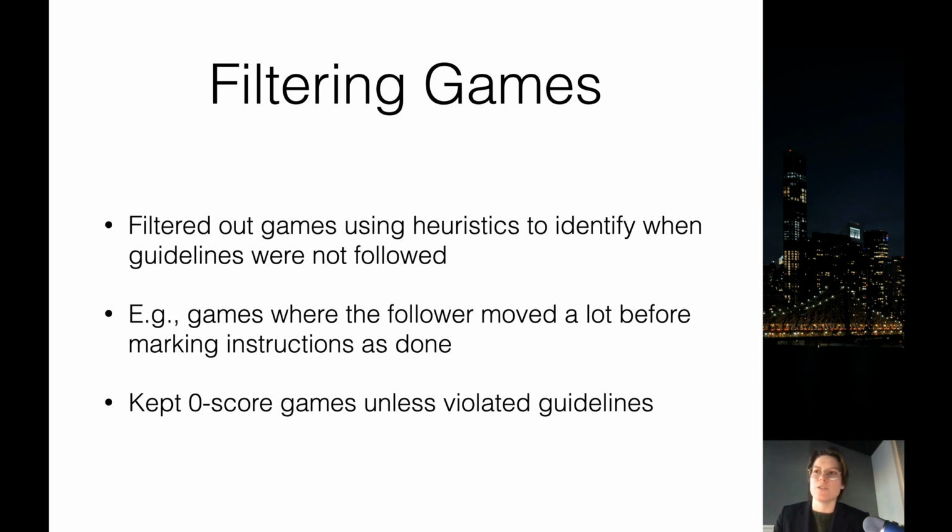This ended up removing about 20% of the games. So we ended up with 1,200 in the end in total. We didn't filter out games with no points because a lot of those had pretty good instructions. It was often a matter of the card placement making it very difficult, or someone accidentally leaving the game early.